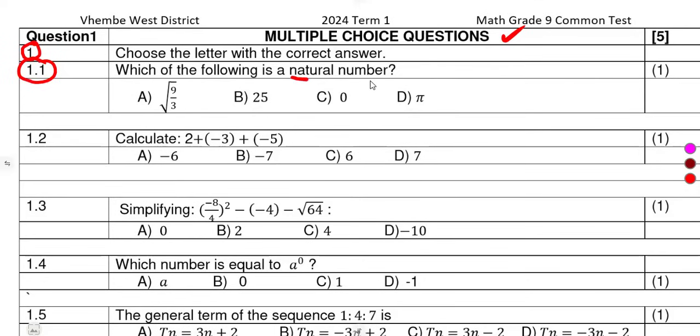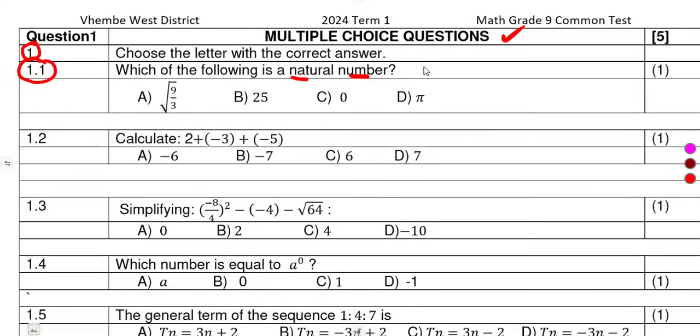A natural number. When you consider a natural number, remember these are counting numbers where 0 is not included. When you are talking about whole numbers, there's a part that you consider to be natural numbers, where 0 is not included.